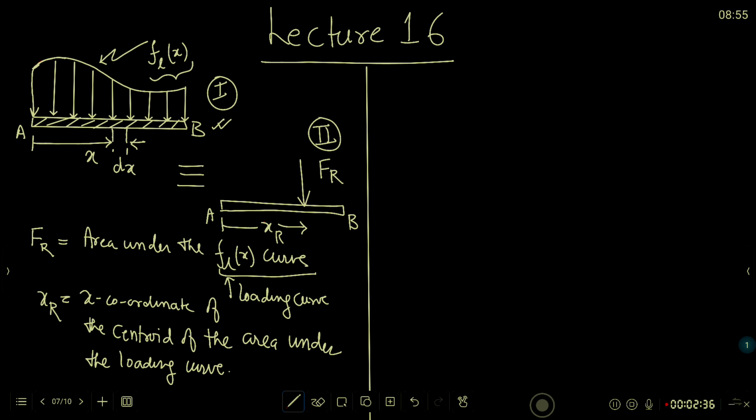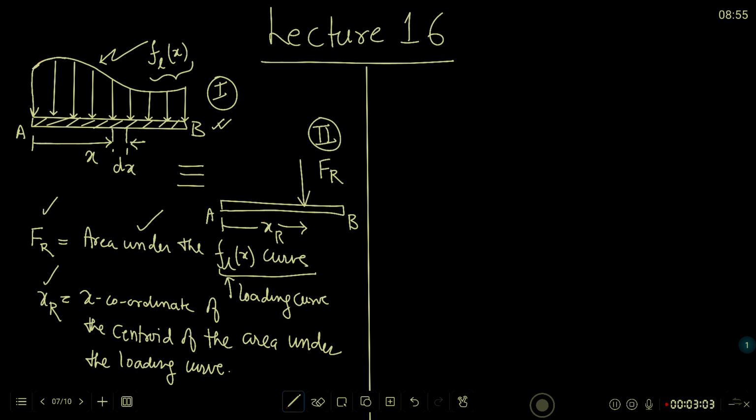This interpretation of Fr as the area under the loading curve and that of XR as the x coordinate of the centroid under the loading curve could prove to be very handy while trying to find the equivalent force systems of some line distributed forces.